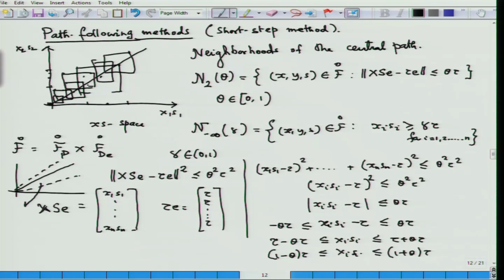Now, this is your N2 theta. So, what is happening with this N2 theta is that you can now start from a point here, move to a point here, but the algorithm should be such that that is what I will show you. The short step method would be such that you are always remaining within this N2 theta.